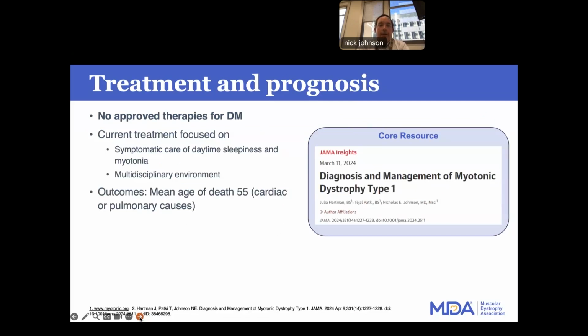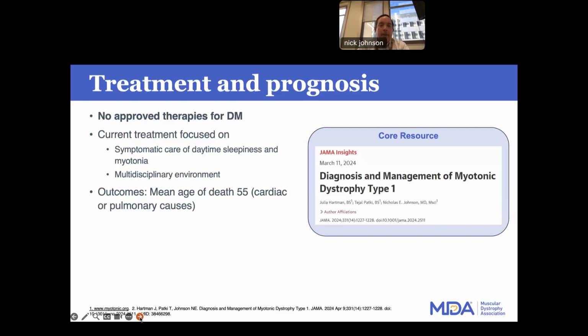And really, care should be given in a multidisciplinary involvement with annual ECGs, pulmonary function tests, and other screening tests for endocrine abnormalities. And for those who are interested in this JAMA Insights, there's actually a really nice table which gives you the lay of the land and what to do with the patient in front of you in clinic on an annual basis.